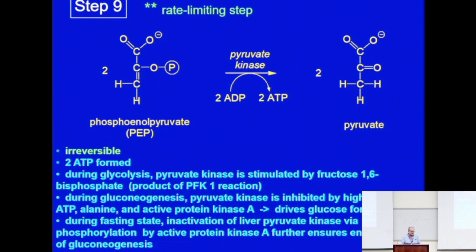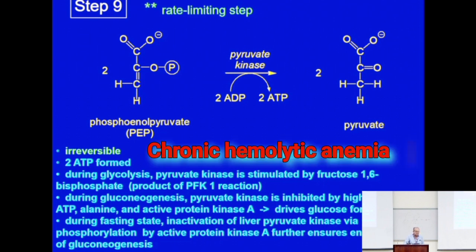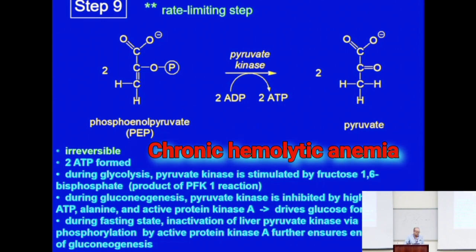Furthermore, red blood cells, because they don't have mitochondria, are going to metabolize pyruvate to lactate and use up that NADH. So the effect of this deficiency is to deprive red blood cells of their normal energy needs from glycolysis. And because of that, you get a condition called chronic hemolytic anemia.